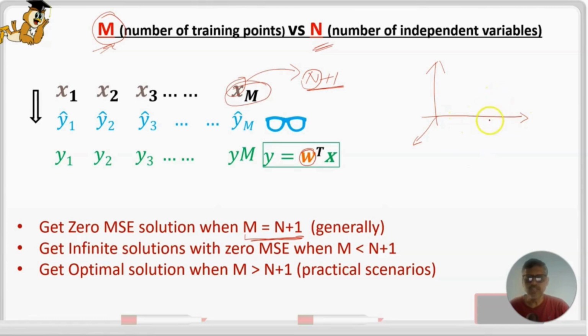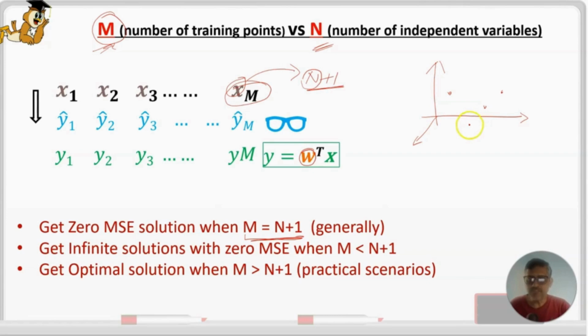And with n equal to 2, if I had 3 points in this 3-dimensional space, in general, given any 3 points, I can find a hyperplane that passes through each of these 3, right? For example, in 2 dimensions, if I am given 2 points, I can always find a line that passes through both of those points.